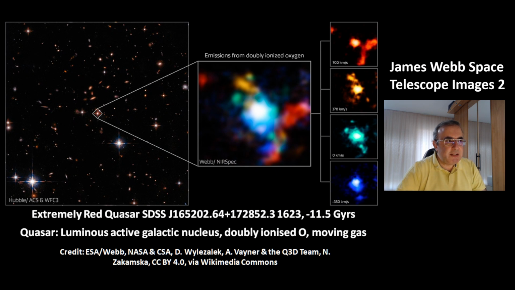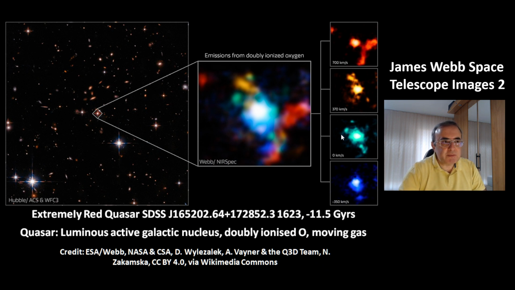At the left, you can see here a picture of the extremely red quasar SDSS 165202.64. The James Webb Space Telescope has taken an image of this red quasar, and you can see pictures of the emissions from doubly ionized oxygen.